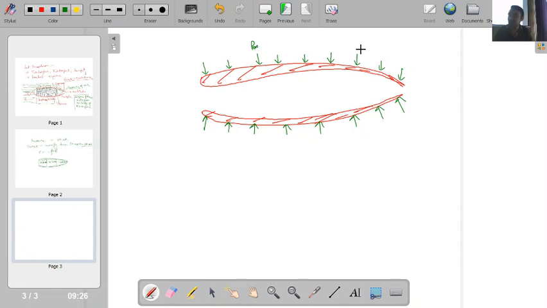free stream pressure. Okay. But if we consider that our engine is not yet installed, it is just lying in atmospheric condition, in a stationary condition, then obviously the air outside it will be stationary, and this will apply a uniform pressure. Okay.